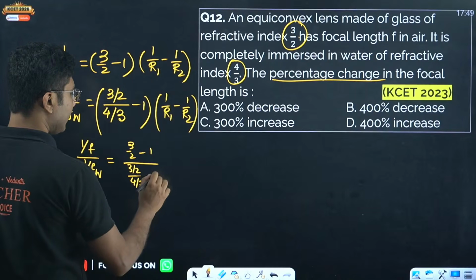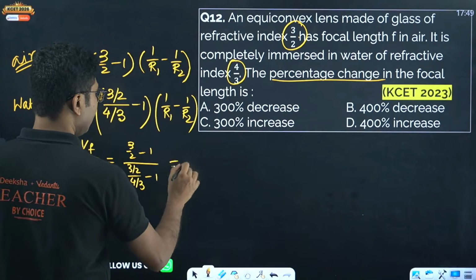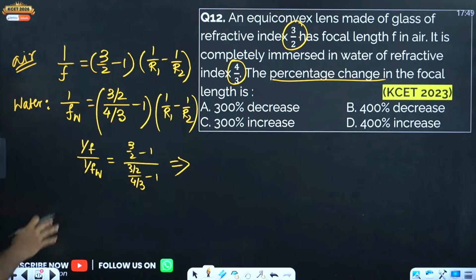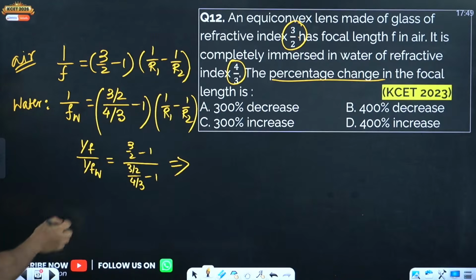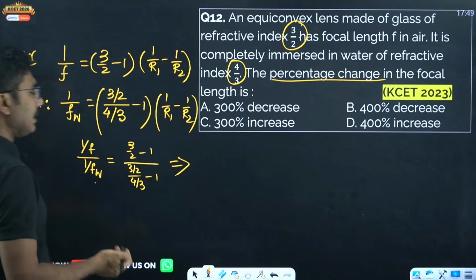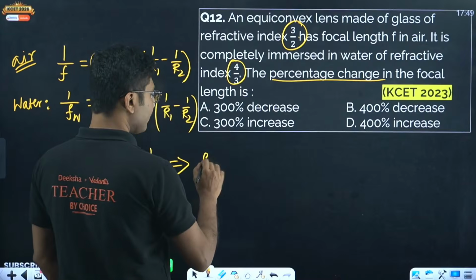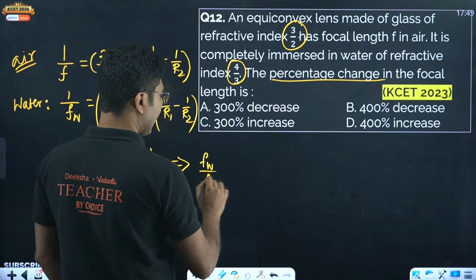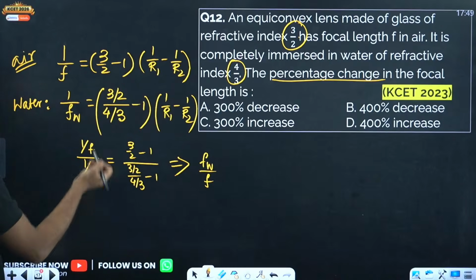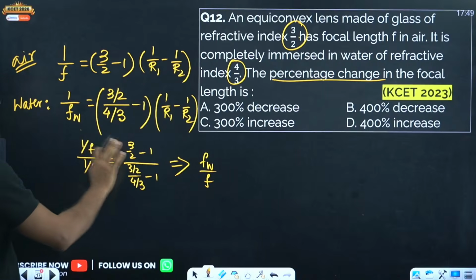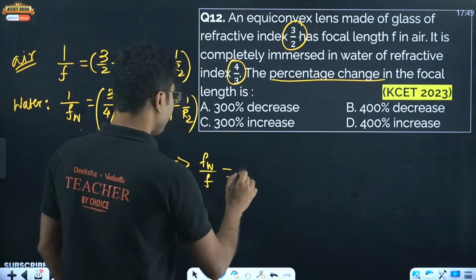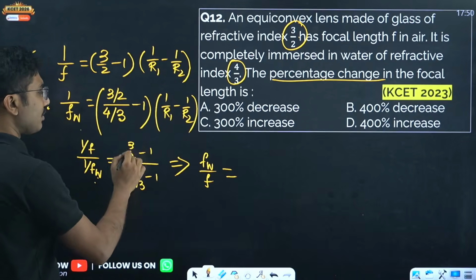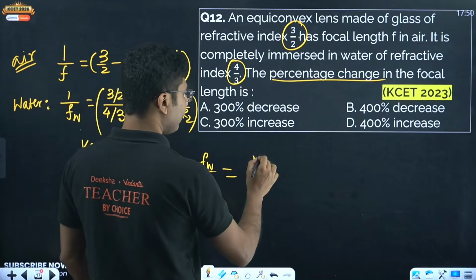Now I am not solving it directly. We can do that, obviously, but for you to understand, I am doing it step by step. Now this f water, being division of division, will go up, so f water will be first and f will be below. This is already in division, so it will remain in division. Now what about the top part? Top part will get 3 by 2 minus 1, that is half.